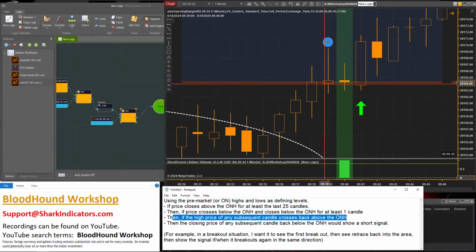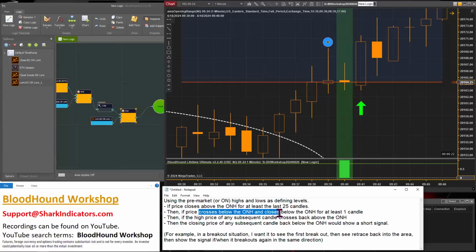Of course, this one did too, but we do have a qualifier here. How you write down your rules is very critical, details, details, details. This could have changed the system completely. But it says of any subsequent candle, so it can't be the same candle that satisfies this condition.